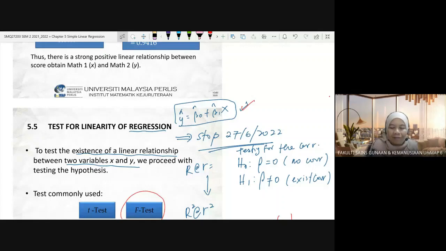Since we are testing for the linearity, we are focusing on the coefficient of our x, that will be our beta 1 hat, the coefficient for our x.